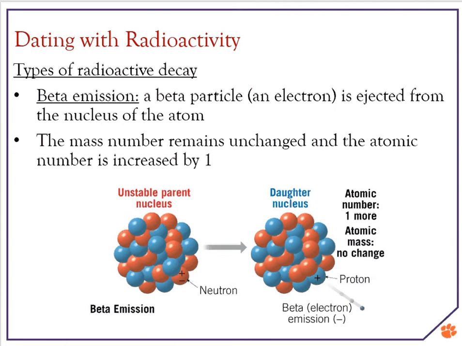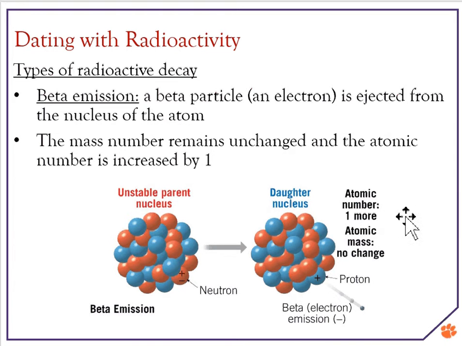The second type of radioactive decay is called beta emission. In this case, a beta particle, which is actually an electron, is ejected from the nucleus of the atom. Again we have our unstable parent nucleus, and here we have a proton, and we will have an electron emission, so we remove an electron from this system.